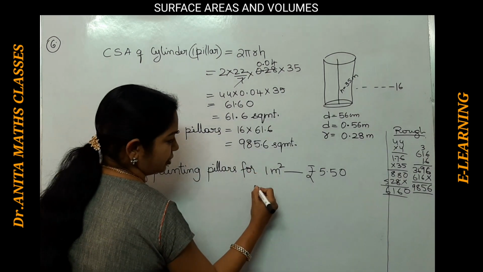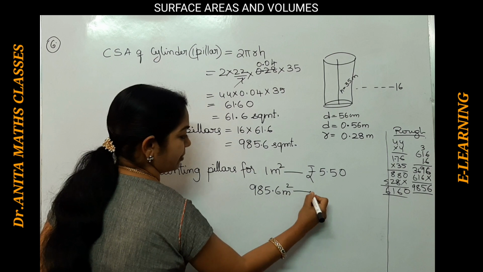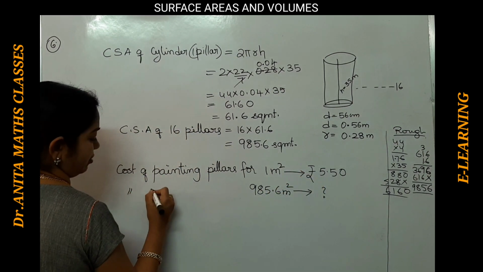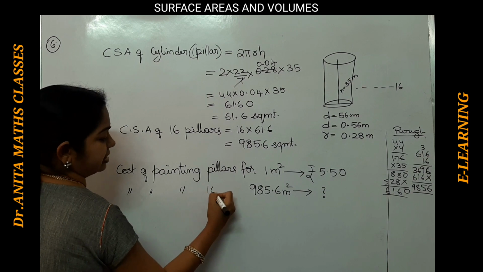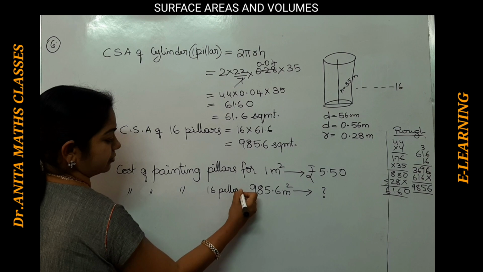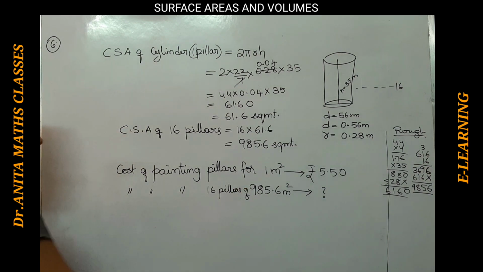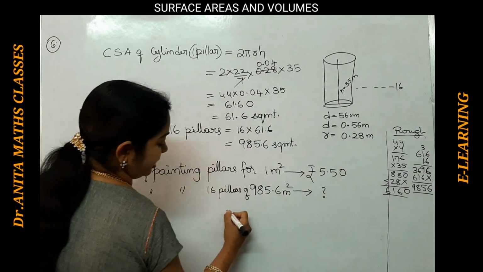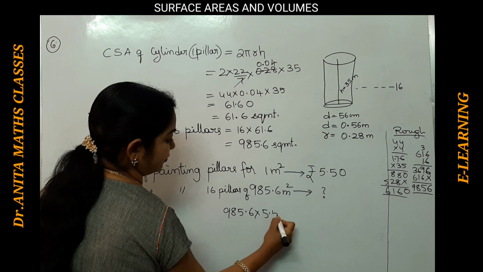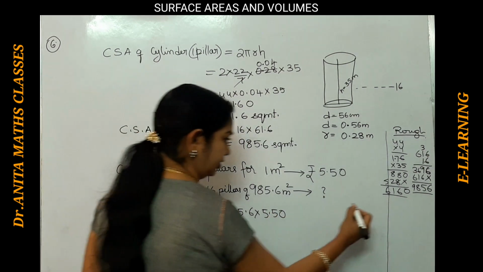The cost of painting 16 pillars of this many meter square, 985.6, is how much? So we will multiply 985.6 into 5.50.